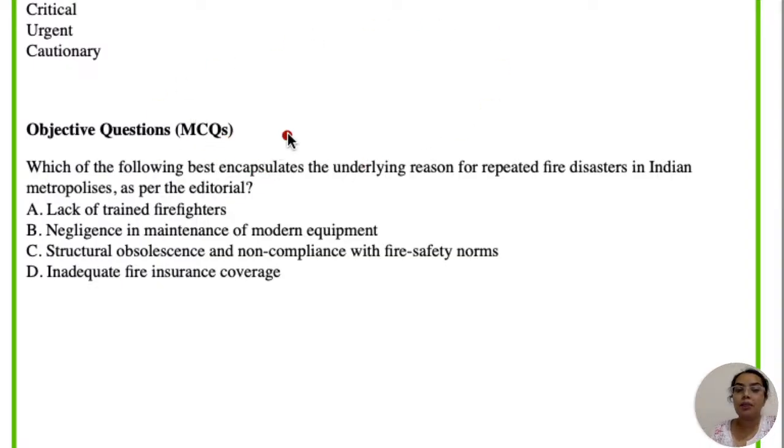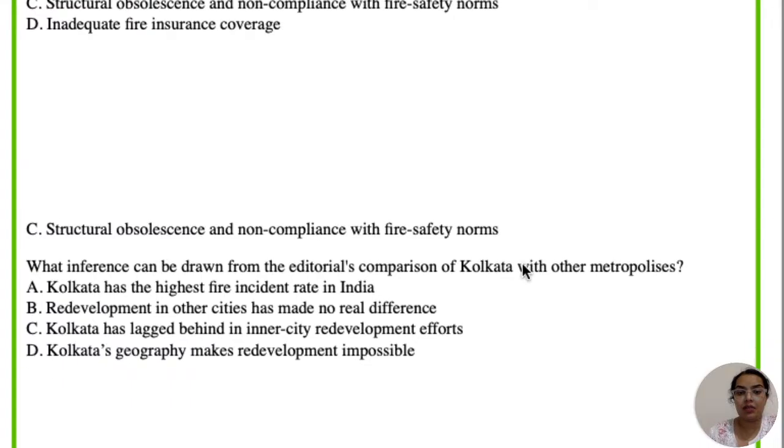Which of the following best encapsulates the underlying reason for repeated disasters? Structural obsolescence, outdated structure, and non compliance with the norms. Clearly mentioned in the passage.